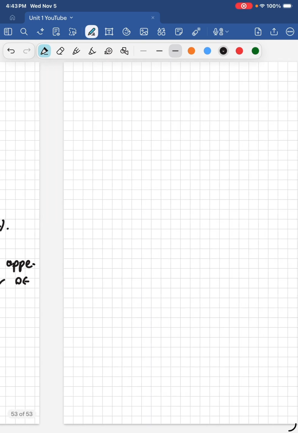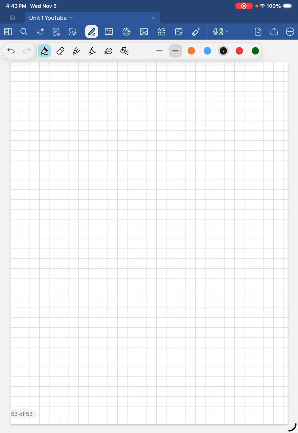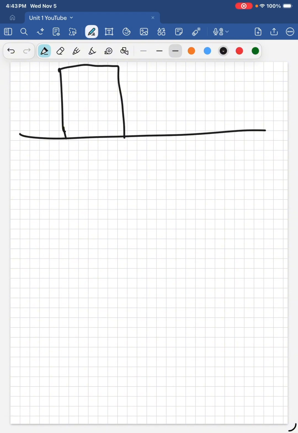Okay, let's see where that becomes significant. So let's say that I have, maybe, an object that is kind of rectangular, and that's the center of gravity. So this is a high center of gravity, let's call it like that, okay?